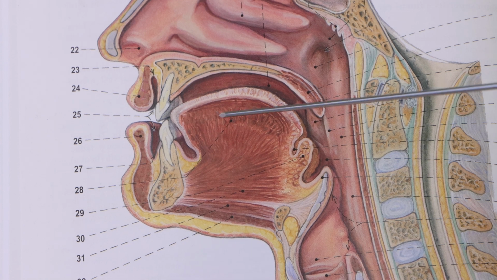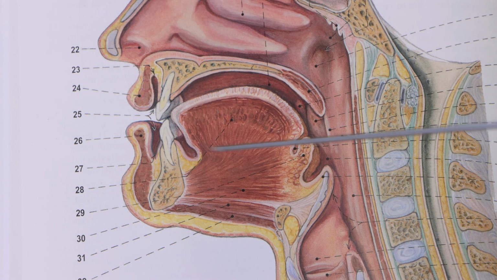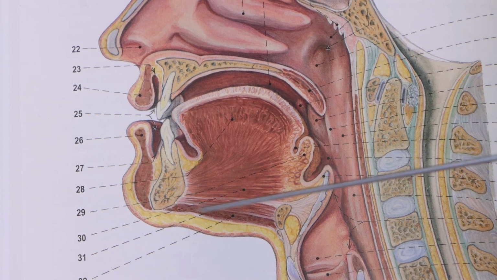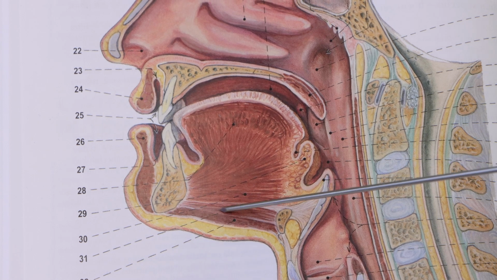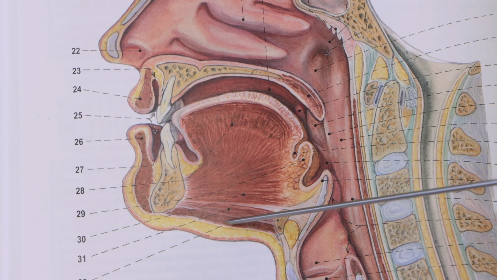Laterally, which is not seen here, it is bordered by the cheek or buccal region. Inferiorly it is bordered by the floor of the oral cavity, whose most important muscle is the mylohyoid muscle.